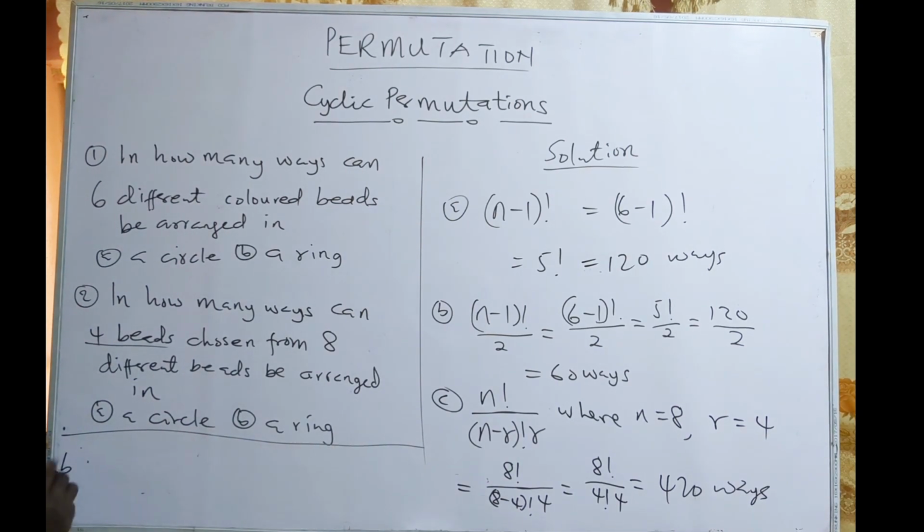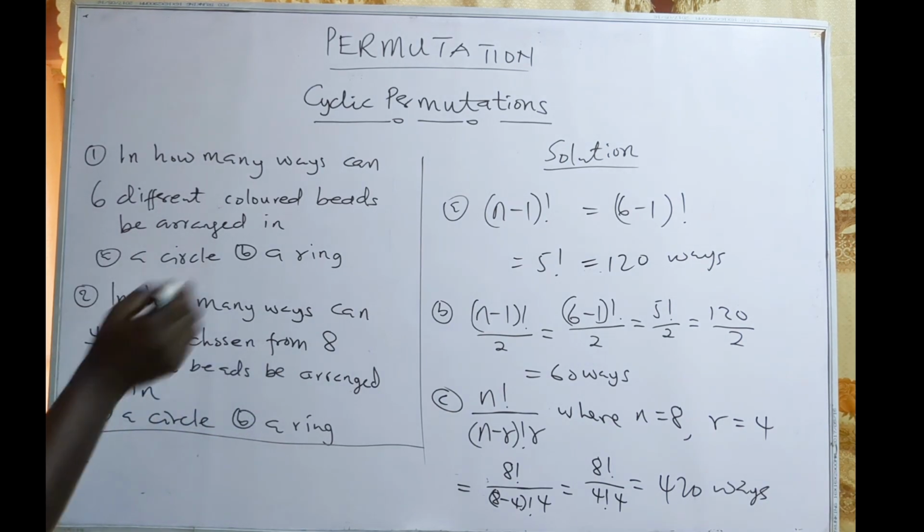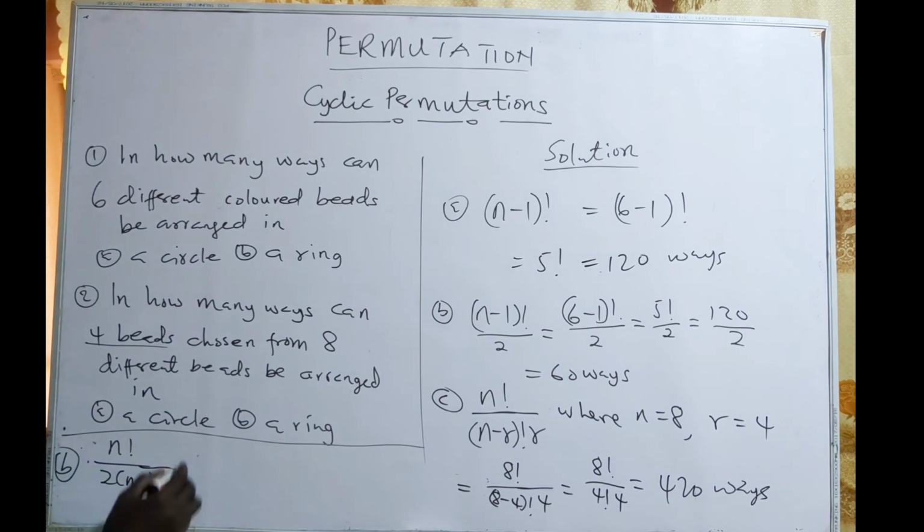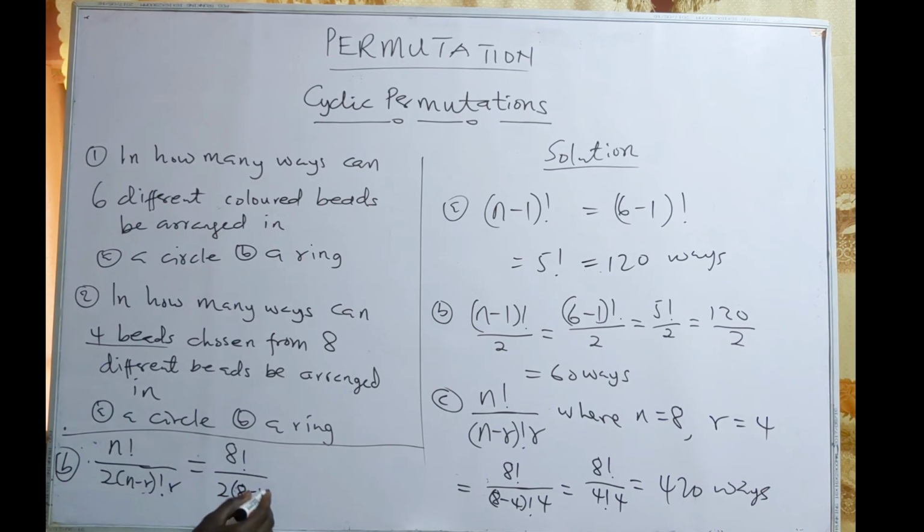Alright, and let's look at the last one, the D. So in a ring form, when we have a number of objects and we are choosing some from it, that will be n factorial divided by 2 times n minus r all factorial multiplied by r. So what is my n factorial? The 8 over 2 times 8 minus 4 all factorial multiplied by 4.